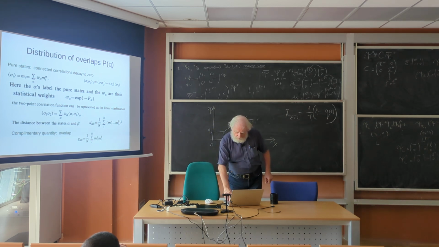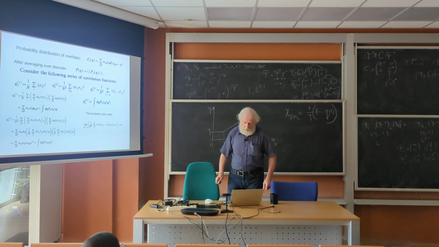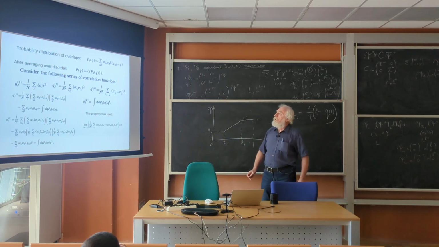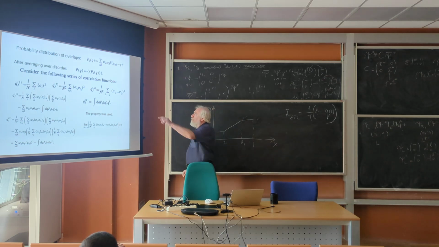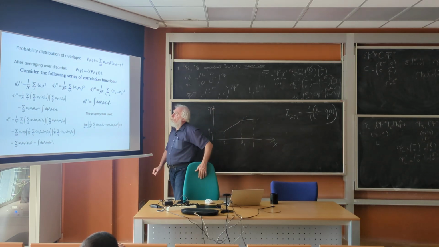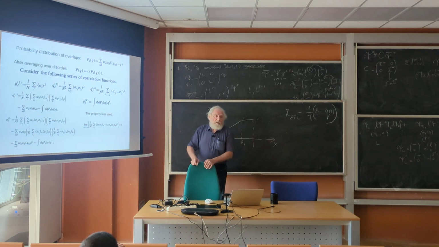Now, there is a probability to find some value Q for overlap. This probability is given by a sum over all possible states, alpha and beta, with W alpha, W beta, the probability that the system is staying in the state alpha or beta.